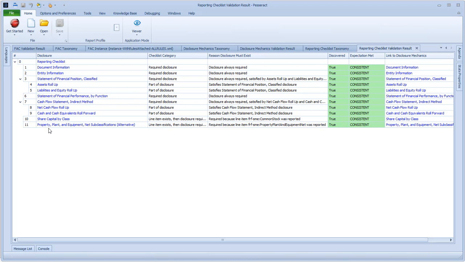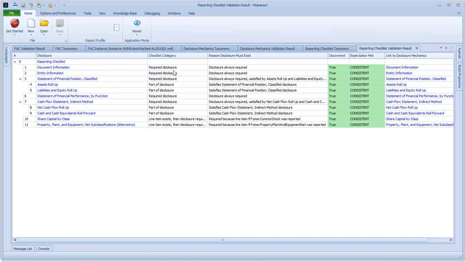But basically, you have 1, 2, 3, 4. This is a combination of these two, so we're not going to count that. 5, 6, 7, 8, 9. So they're the same 9.